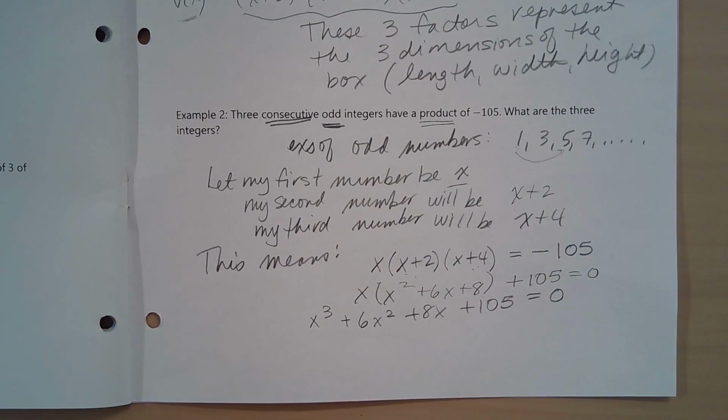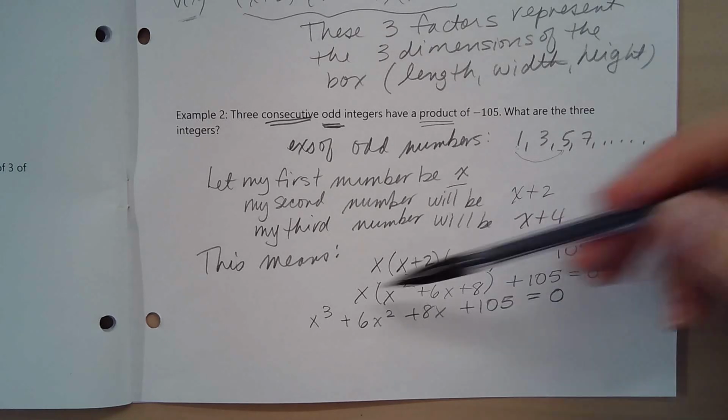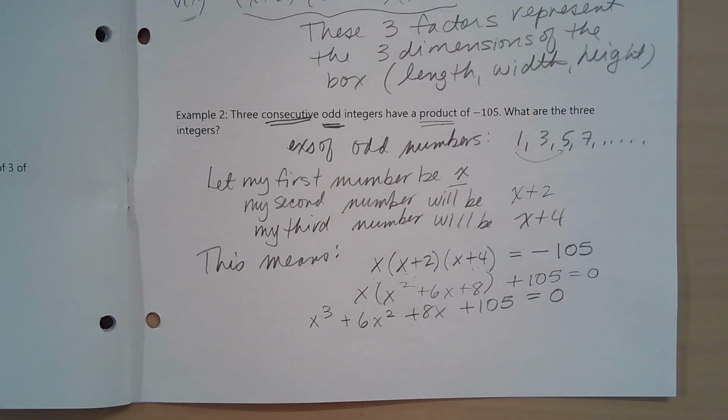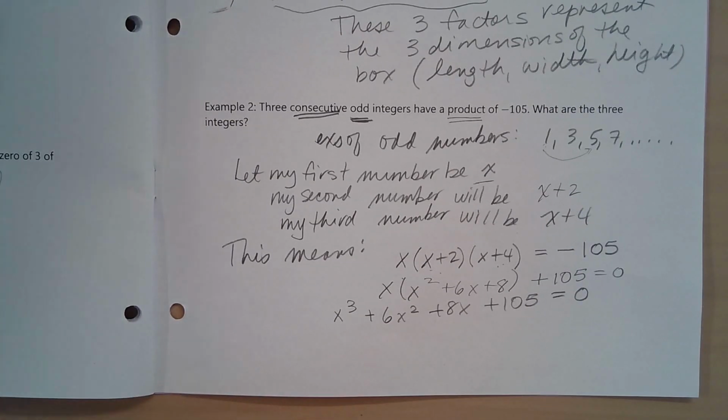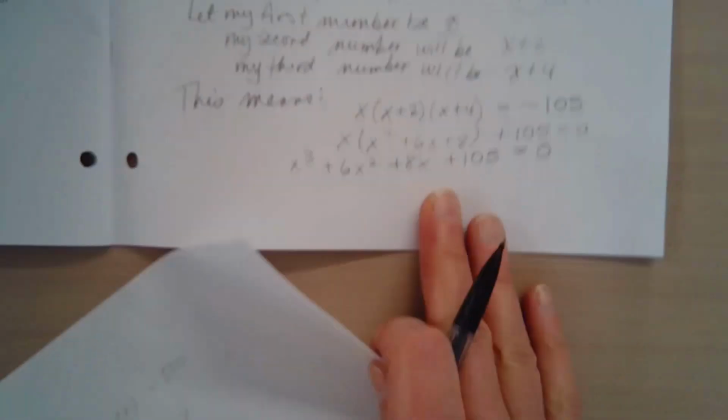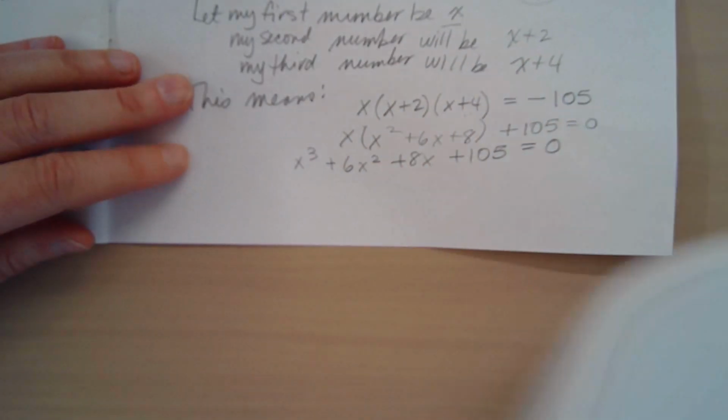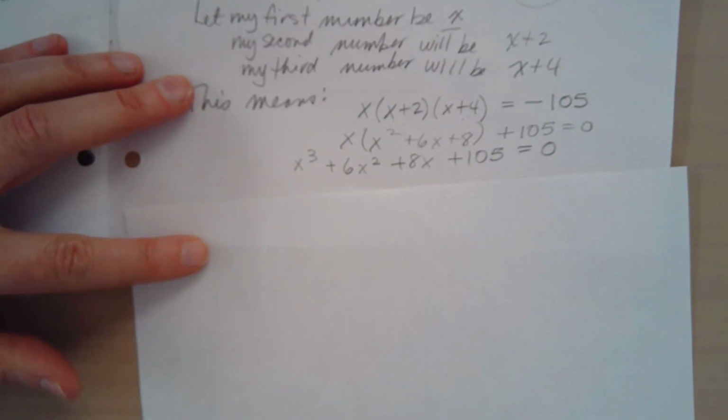Now, if I could just find a good a value and start dividing, I'd probably find some answers for x, right? It says three consecutive odd numbers. So, factors of 105. What numbers go into 105?